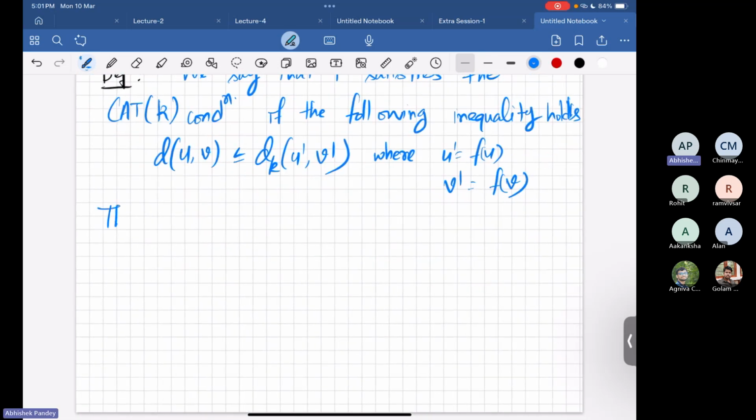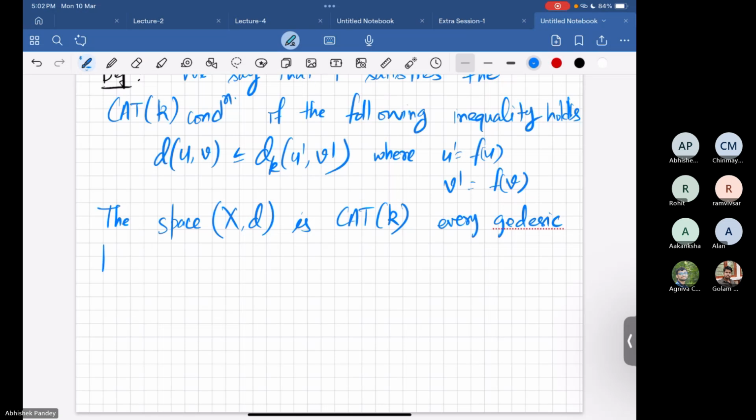The space (X, d) is said to be a CAT(K) space if every geodesic triangle satisfies the CAT(K) condition.